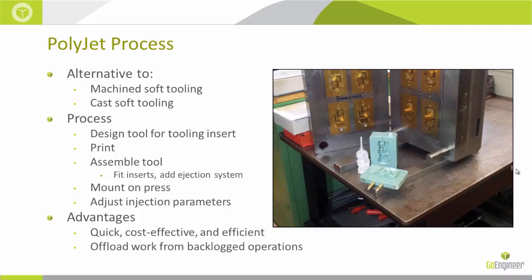The most expensive, the most time-consuming, and the most complex portion of the mold is printed, and then it's inserted into the mold tooling. So in this situation, there's little to no CAM programming, and there's no months and months of lead time. Something like this will be printed typically in a single day.